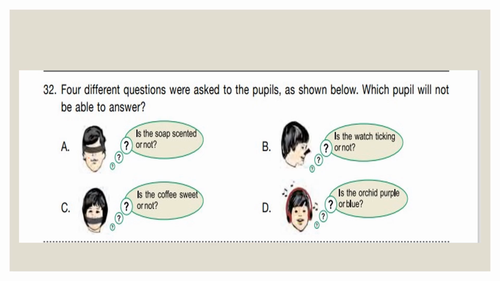B. Is the watch ticking or not? Her eyes are open so she can see the watch. So B can't be our answer. In option C, is the coffee sweet or not? She can't give an answer because her mouth is closed. So answer is option C.